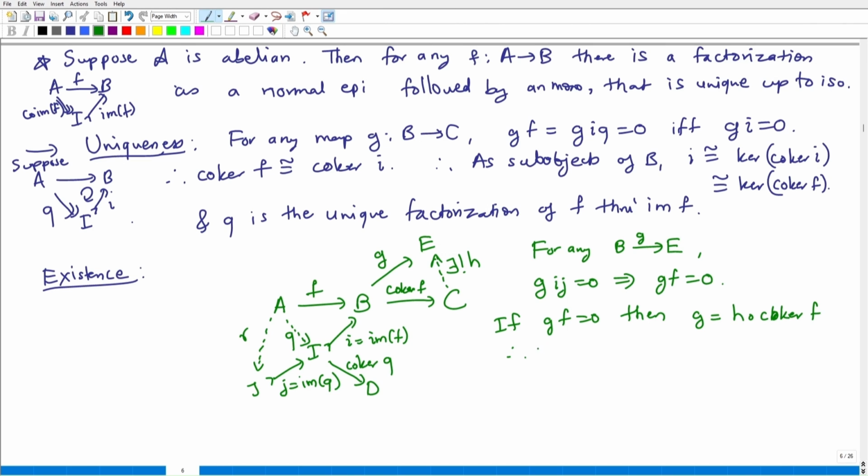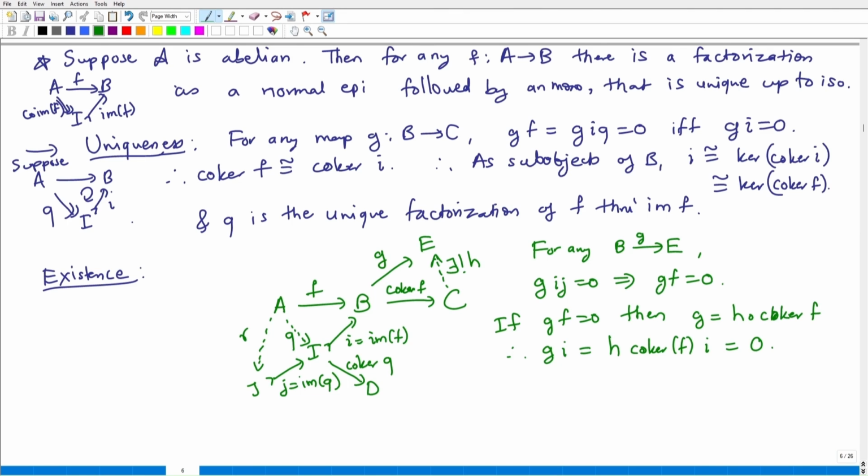So, can you show that GI is equal to 0? Therefore, GI is equal to H co-kernel F I, and I is the kernel of co-kernel F. So therefore, this is equal to 0.